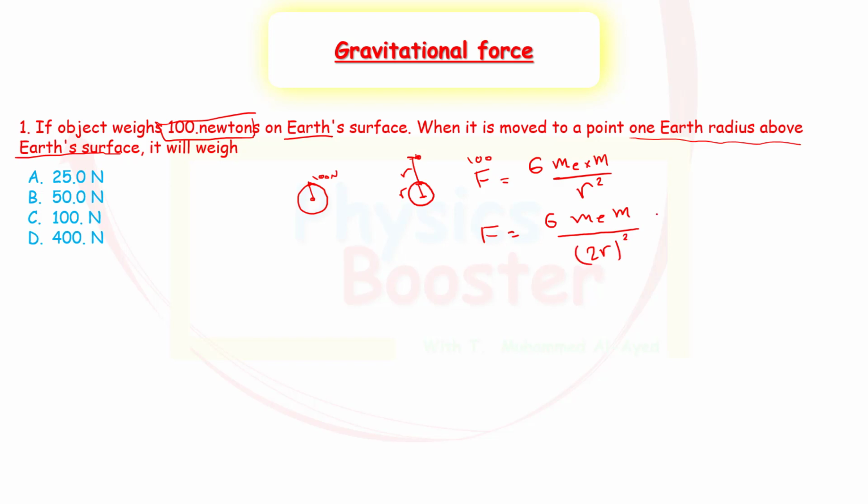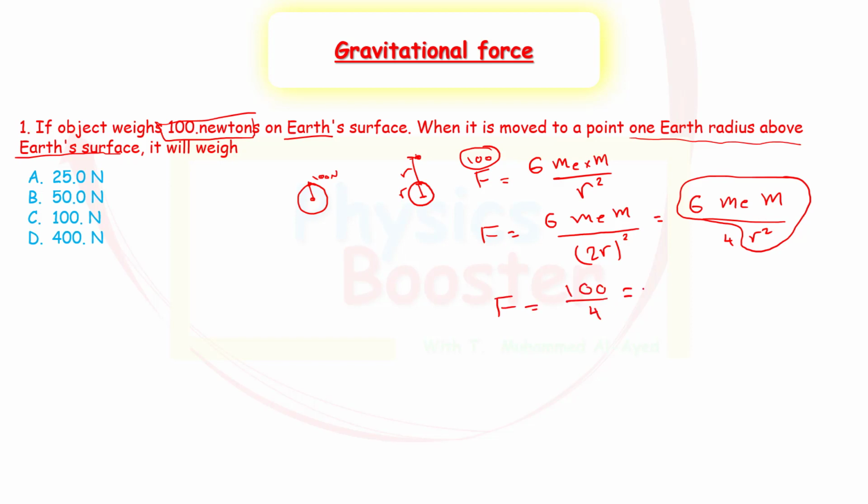If we want to rewrite the equation, it's g M_e multiplied by m divided by 2 squared, which is 4r squared. Now, I already know that this whole constant right here, we calculated before, was equal to 100. So if I want to calculate the force the second time, it's going to be equal to 100 divided by 4. So the answer is 25.